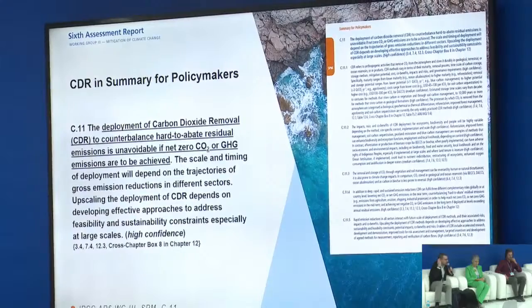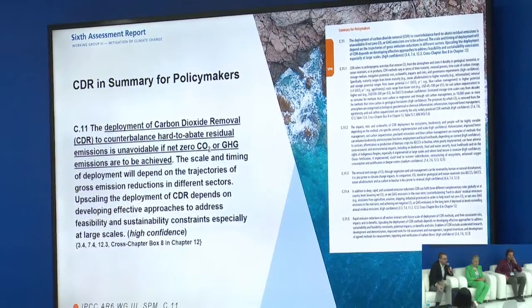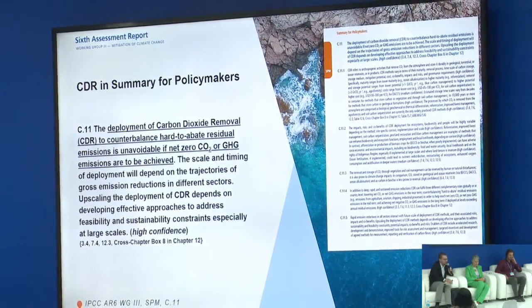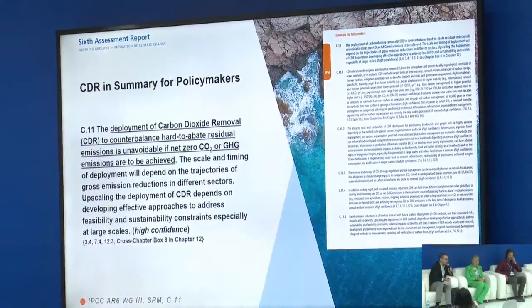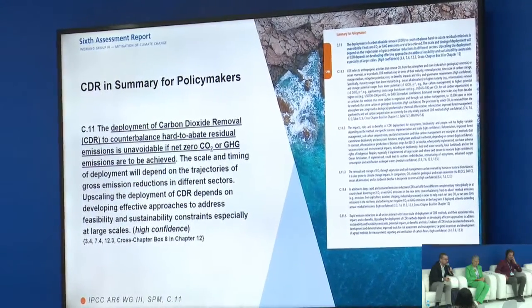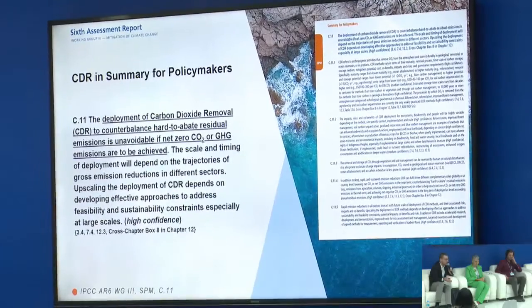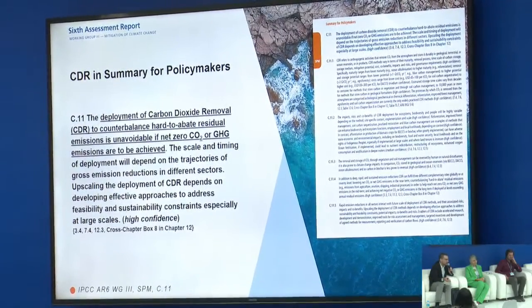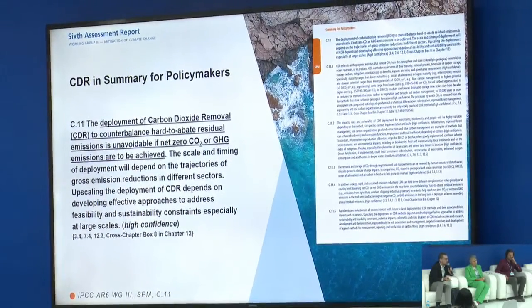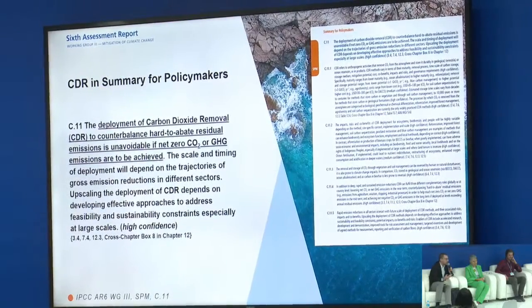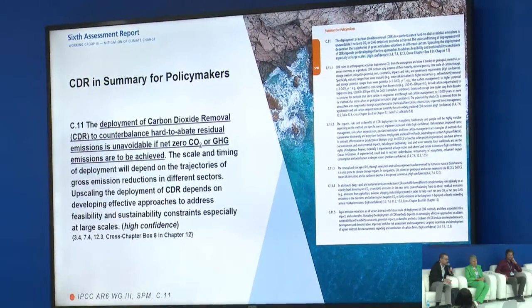And looking at the summary for policymakers that I helped negotiate on this topic, a claim that has been mentioned already, and I think it's quite important to get governments to think about this productively, says that the deployment of CDR to counterbalance hard-to-abate residual emissions is unavoidable if net zero CO2 or GHG emissions are to be achieved.